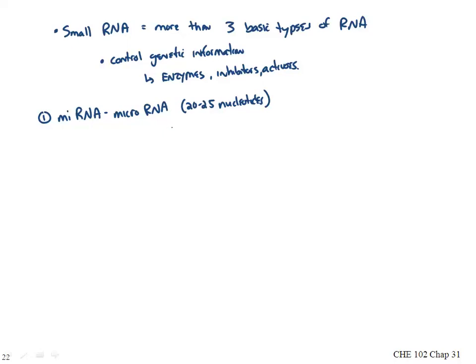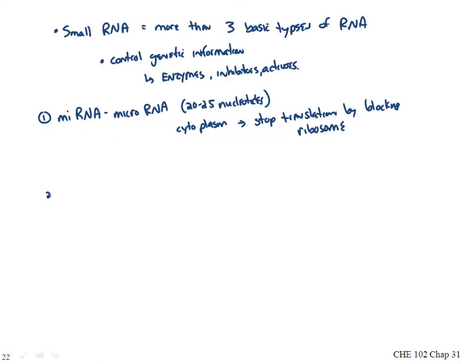And they're found in the cytoplasm. And basically, they stop translation by blocking ribosomes. So in some manner, they interact with the ribosome to tell it when to start and when to stop something.